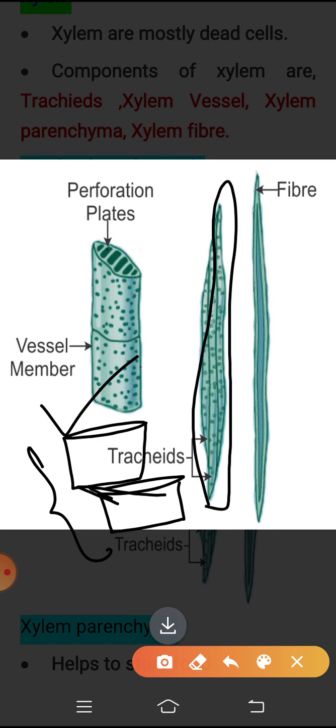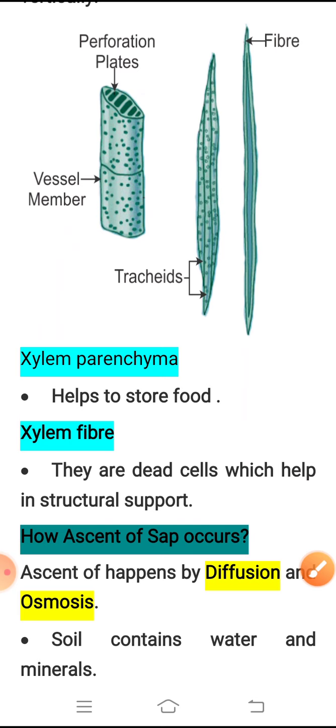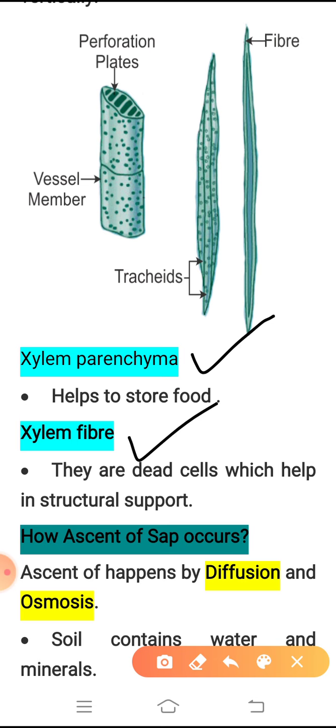Okay? Hope you understood. Apart from tracheids and vessels, there are other components of xylem: xylem parenchyma and xylem fiber. What is the function of xylem parenchyma? Xylem parenchyma helps in storing food.